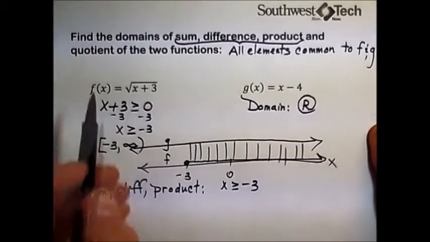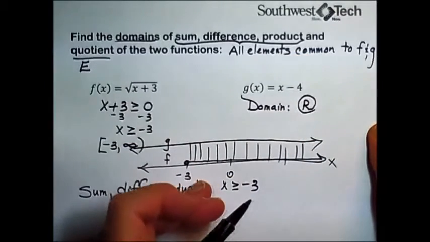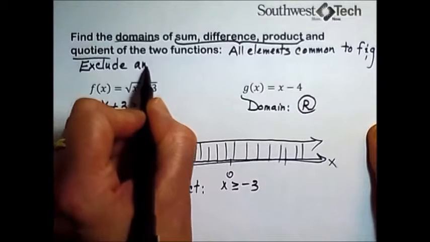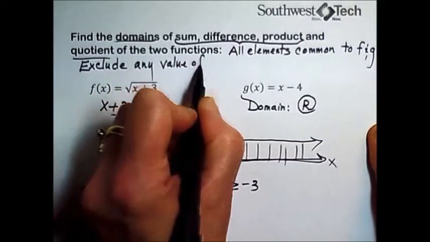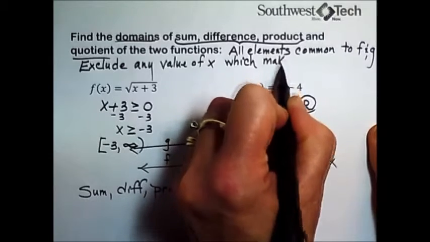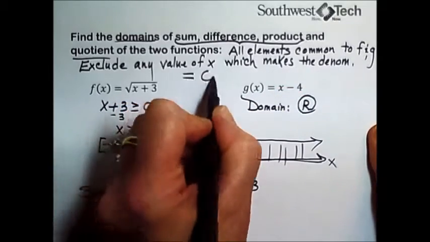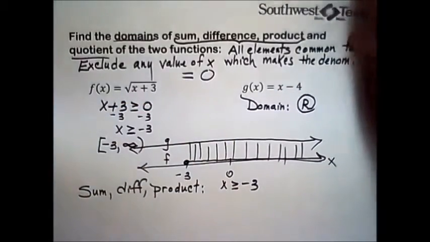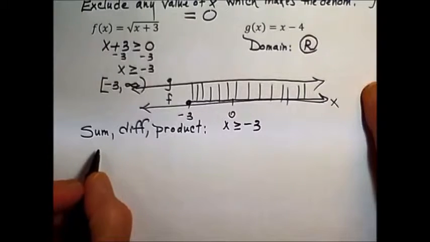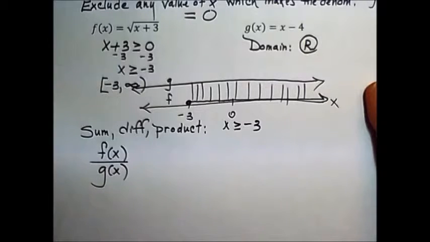Now, when we're looking for the domain of the quotient, it's also common to the two, but we need to exclude any value of x which makes the denominator equal 0.